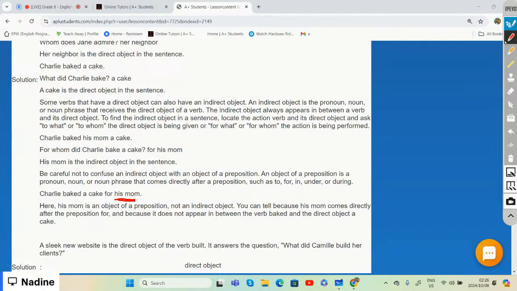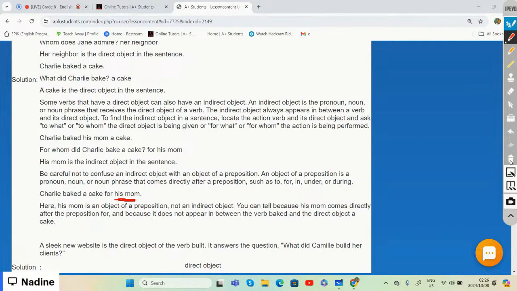It is an object of a preposition because it comes directly after the preposition for, and it also does not appear between the verb and the direct object. The verb is baked and the direct object is a cake.